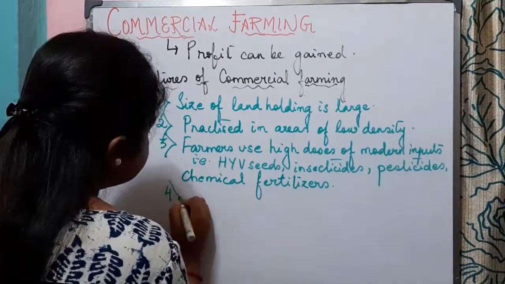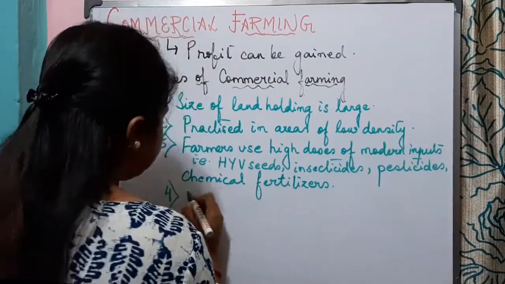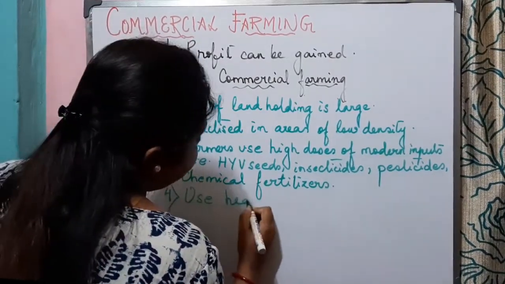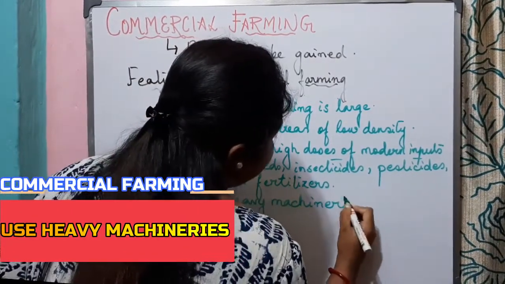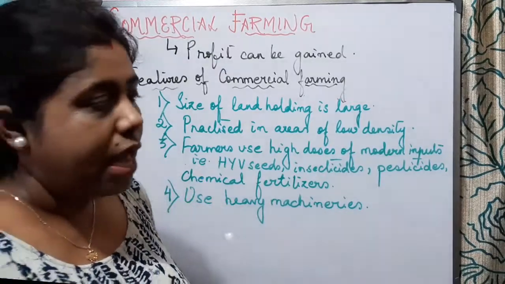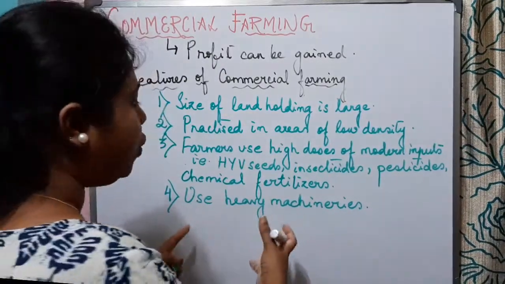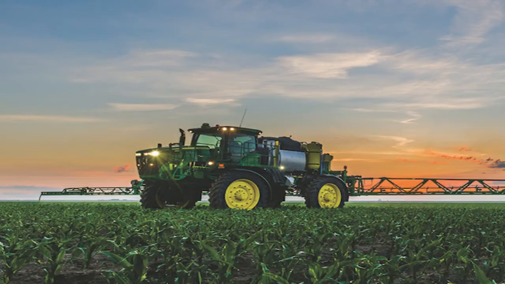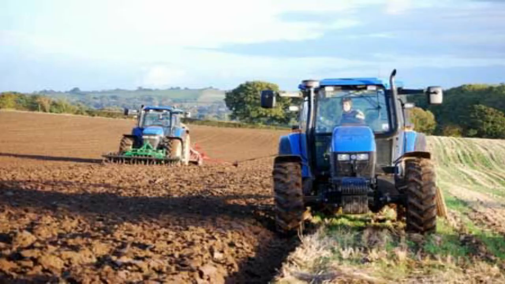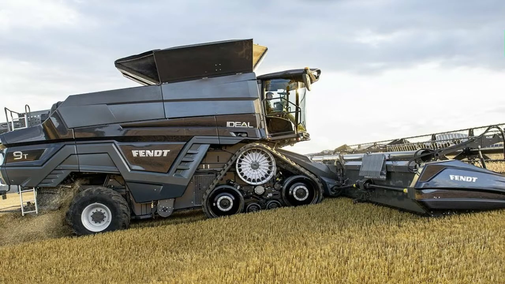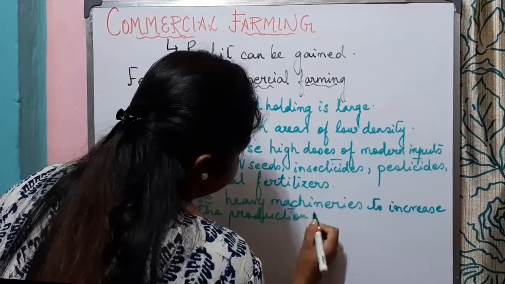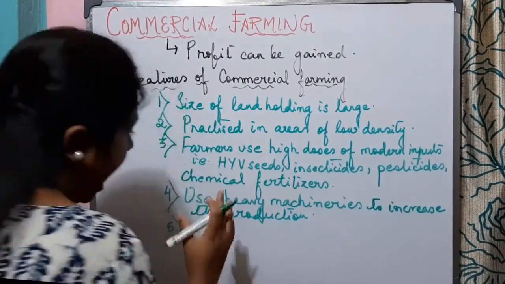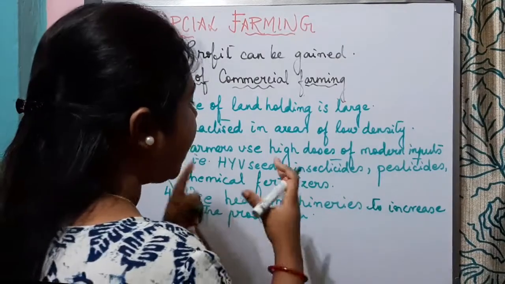Now, this type of farming uses heavy machinery because the main aim is to increase production. Now, how to increase production without the use of modern heavy machinery? So they use heavy machinery to increase the production.